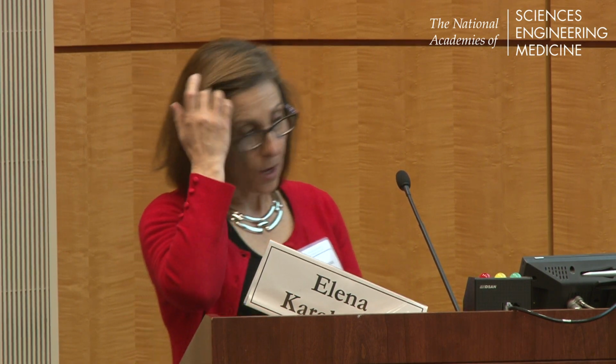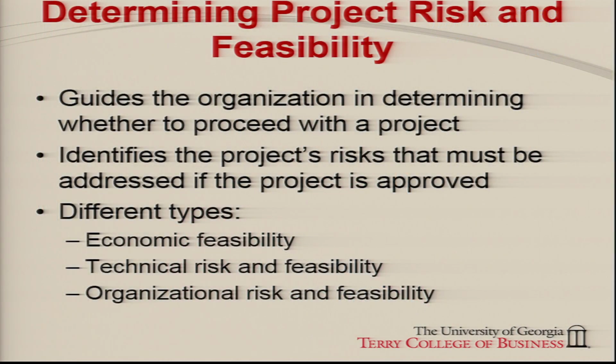Now, once we have identified costs and benefits, we're ready to do our risk and feasibility analysis. Risk and feasibility analysis guide the organization in determining whether to proceed with the project, and they also identify sources of risk that may be addressed if the project is approved.